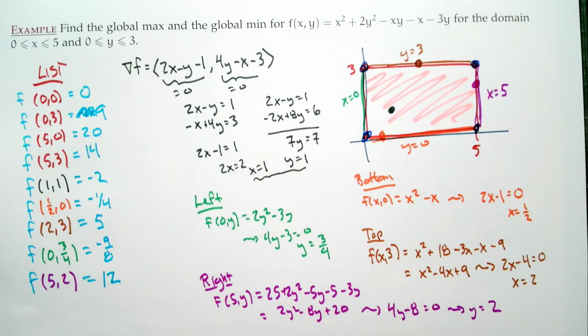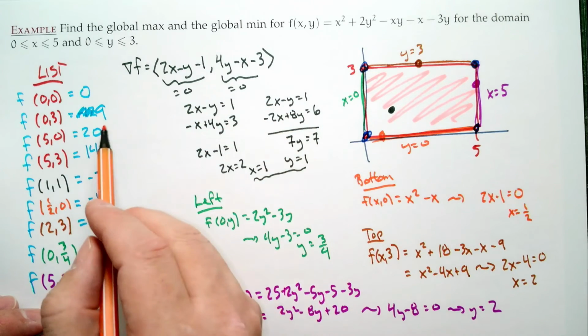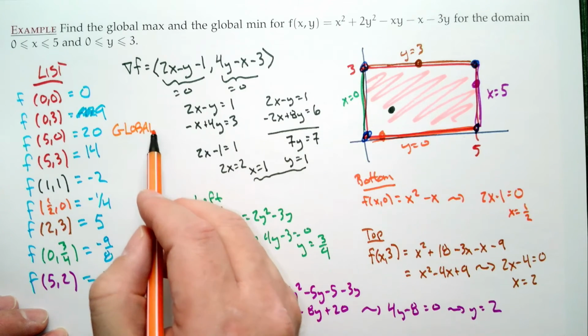Okay, so now are we done? No, but we've made our list, and now we've plugged it in, and now we scan our list and say, what number is big? Well, which number is big? 20. So 20 is our global max.